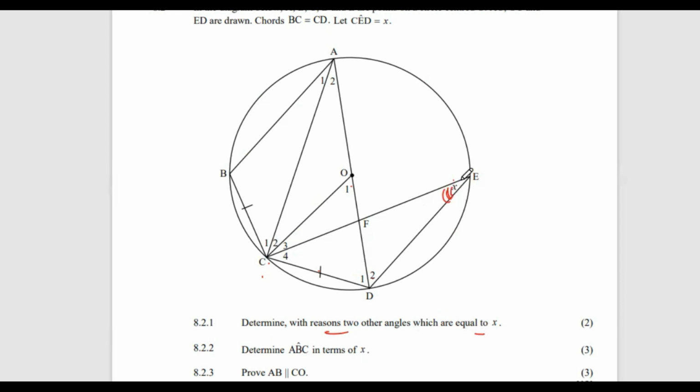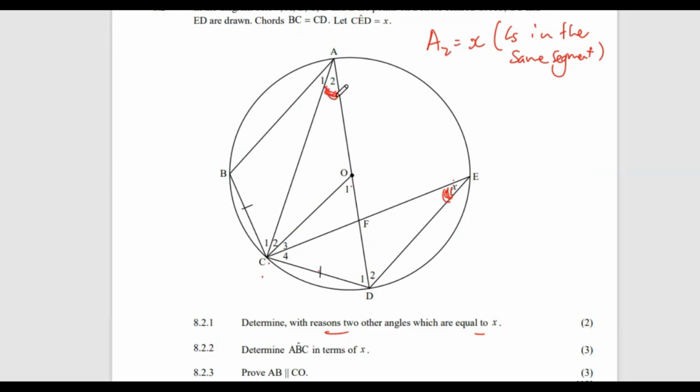So when you look at your bow tie, this is X, this must also be X. So A2 is going to be X. And what is going to be the reason? It's angles subtended by the same chord, or angles in the same segment. Doesn't matter. So angles in the same segment. Or equal chords subtend equal angles would be the same story. So that is A2.